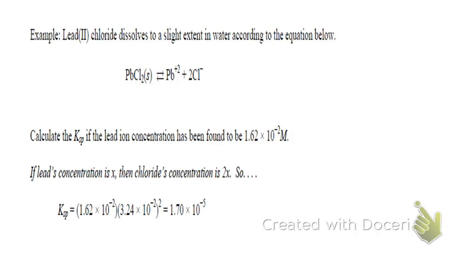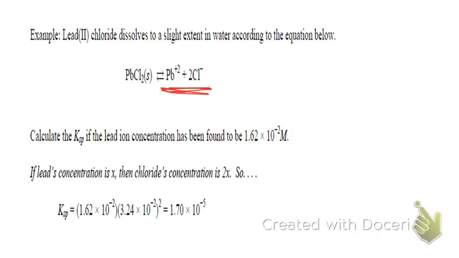We have lead chloride, which dissolves to a slight extent. If we find the lead ion concentration to be 1.62 times 10 to the negative second, what would the chloride concentration be? So you would have 2x. You'd have to multiply that by 2 because of the stoichiometry right here, because it's 2 to 1.